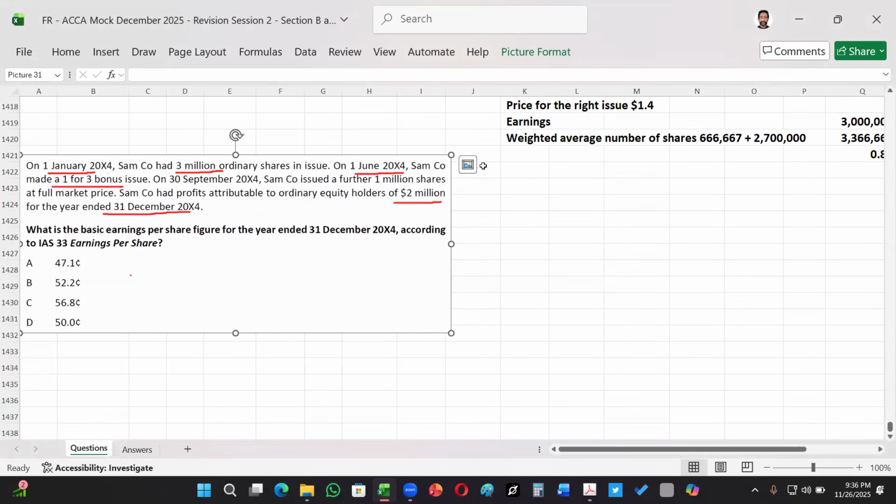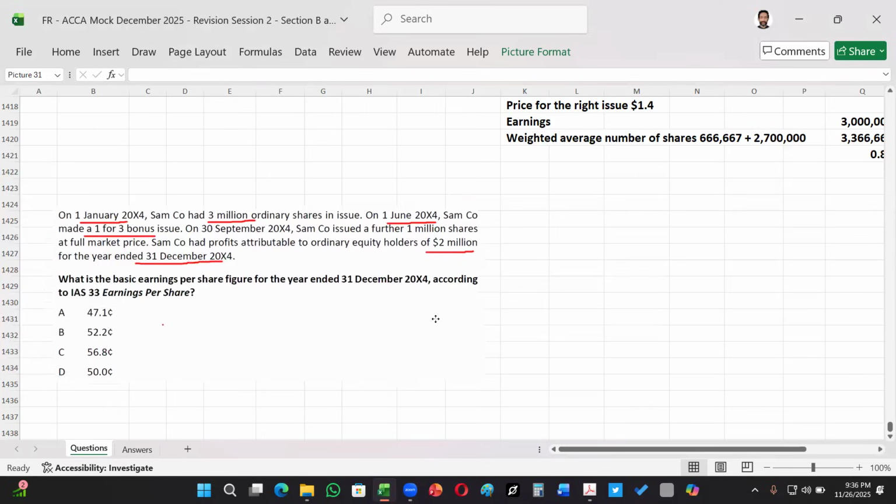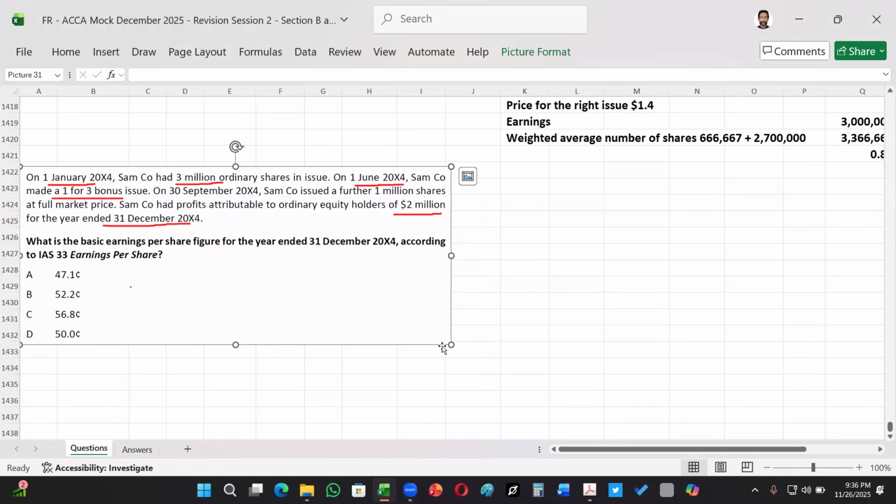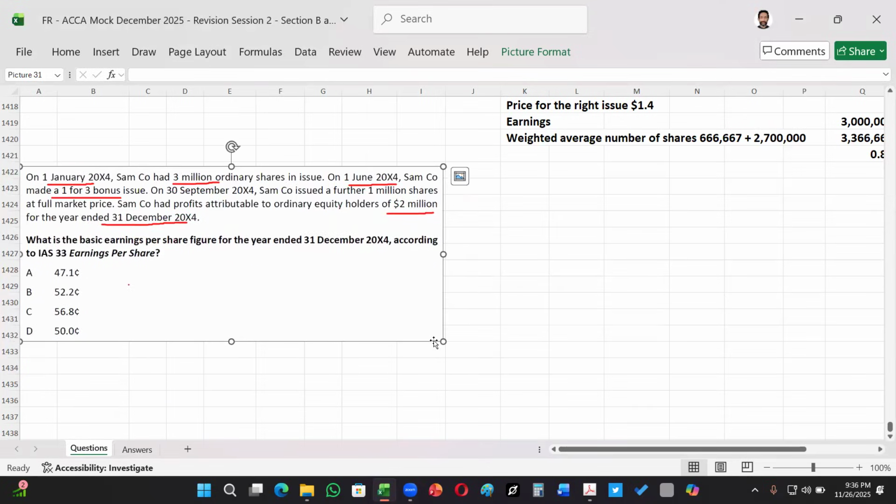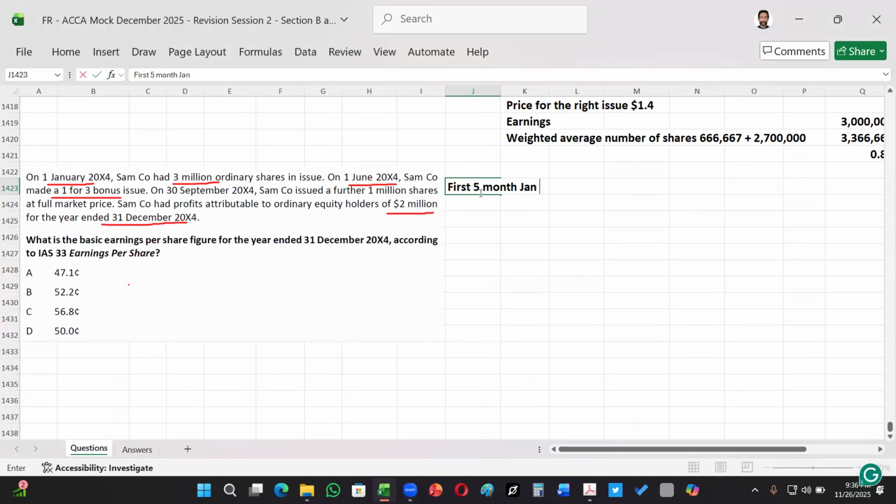So we had this situation prevailing for the first 5 months, that is January to May, we had 3 million shares. When we had those 3 million shares, we multiply that by 5 and divide by 12. So this is the easy part.